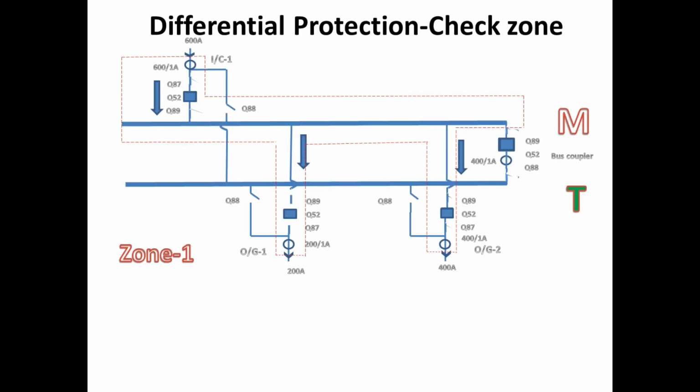Let us consider the incomer 1 produces 600 amps and the outgoings take 400 and 200 amps correspondingly. So right now the I differential for the bus is the modulus of I1 plus I2 plus I3. So I differential over here is 0.